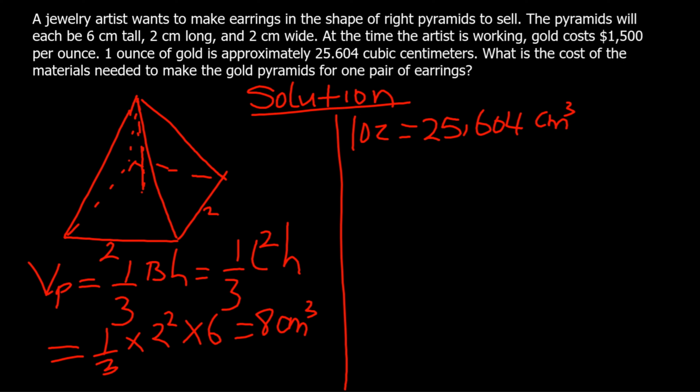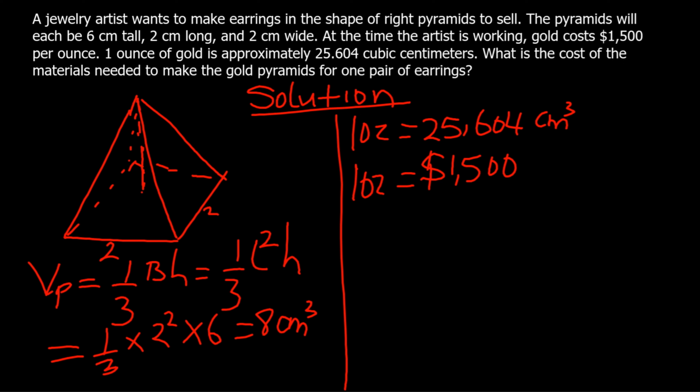And they also gave us another piece of information. They said at the time the artist is working, gold costs $1,500 per ounce. So we also have 1 ounce is equal to $1,500. That is the cost of 1 ounce.